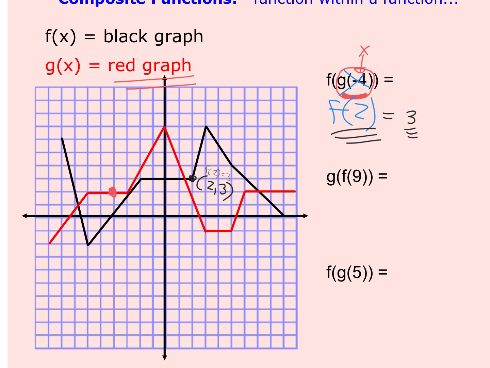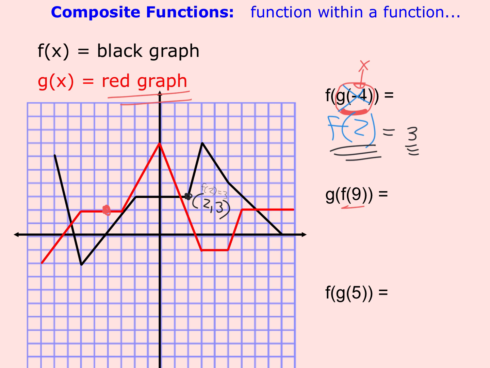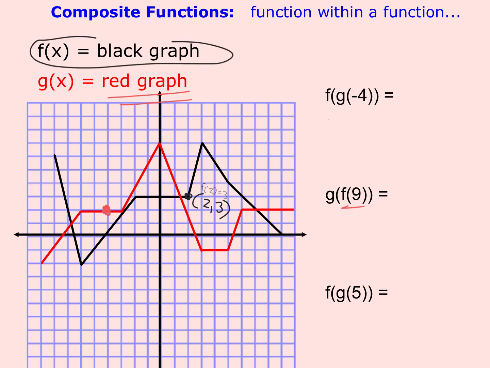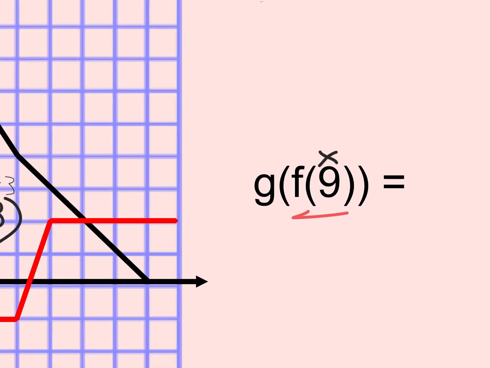So let's find f of 9. Figure out that answer, and then g of that. F of 9. Well, I'm on the black graph, and that's the x spot.